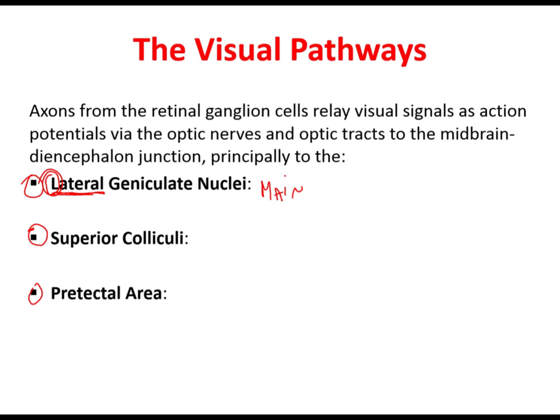This is where most of them go. And ultimately from the lateral geniculate nucleus, the signals are sent to the primary visual cortex, which you know is on the surfaces of the occipital lobe, and especially the banks of the calcarine sulcus is where those fibers would terminate.